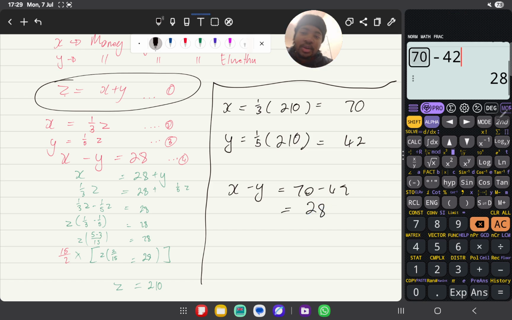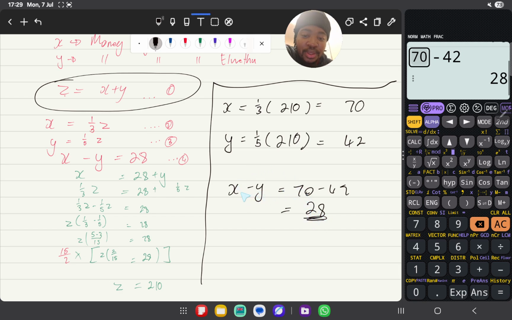Right? So now everything makes sense. This is the 1/3 of 210, which is this. This is a 1/5 of 210, which is this. And the difference between their money is actually 28 rand.